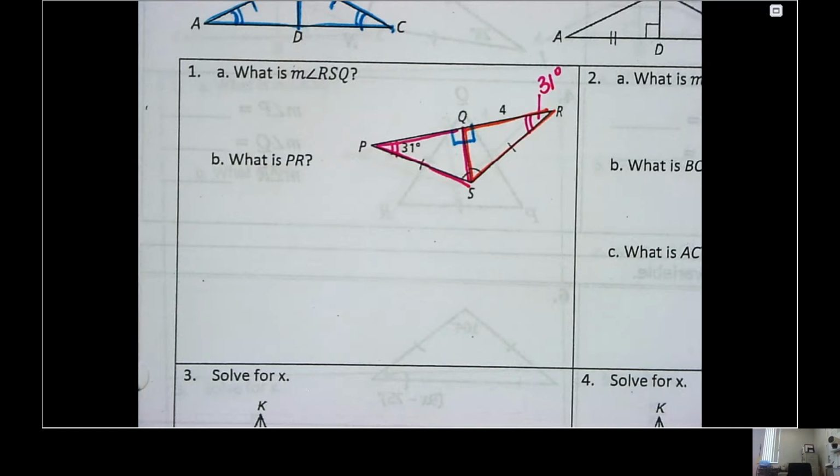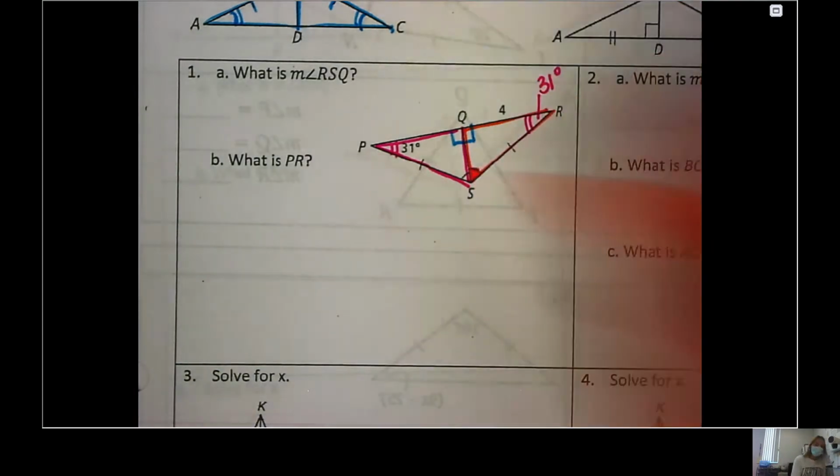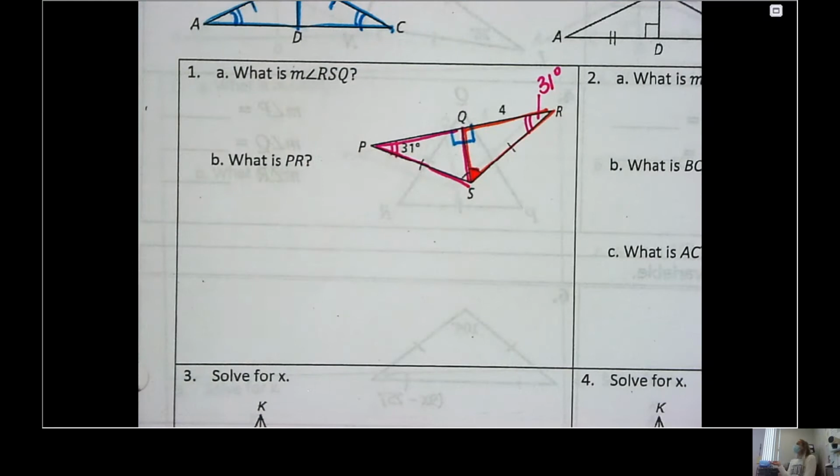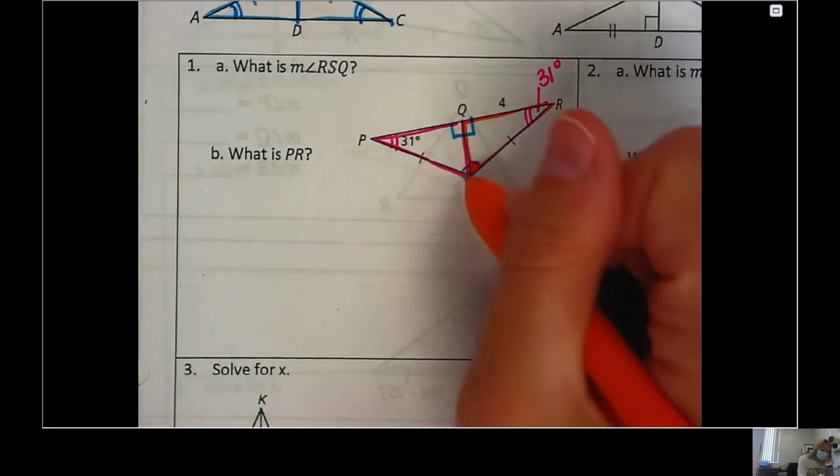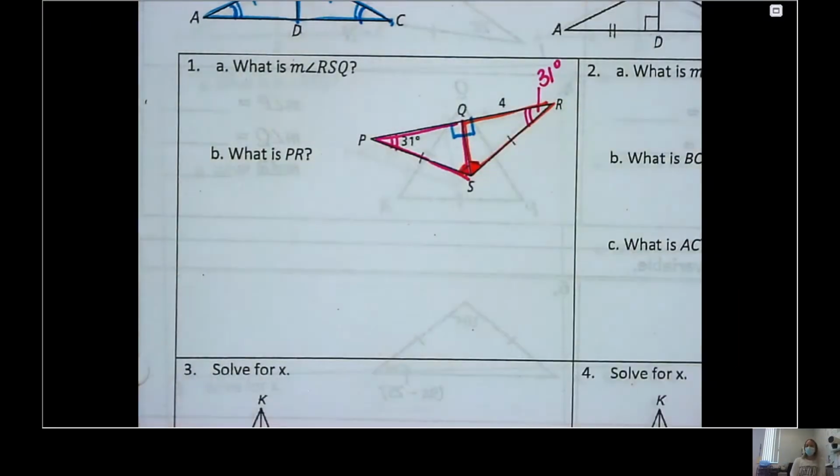31 degrees, 31 degrees. 90 degrees, 90 degrees. All right. You also see this angle up here, angle S on the right. I don't know it, but what angle should it match with? The other S on the other side, right? These two angles should be exactly the same, right?